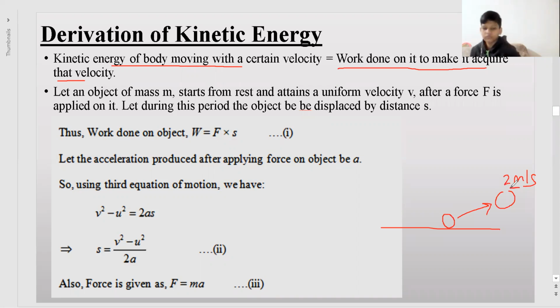But to make that football move with this velocity, some force might have been applied by a person. Someone might have kicked it, meaning someone might have applied some force. It means some work is done on this football to make it move with some velocity.